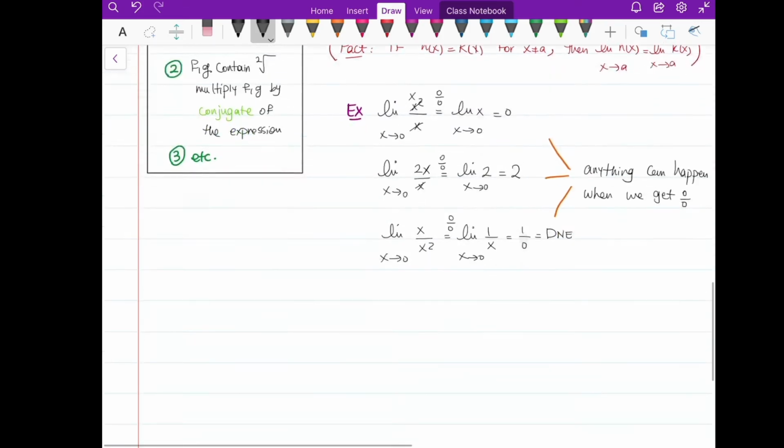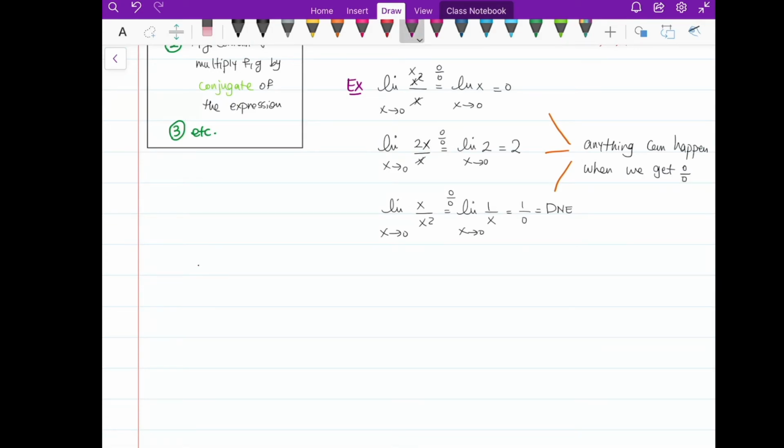Let me have another example in here. What is the limit of square root of x plus 2, minus 1, over x plus 1, as x goes to negative 1? Plug in negative 1 in here, I get 1 minus 1, which is 0 divided by 0.